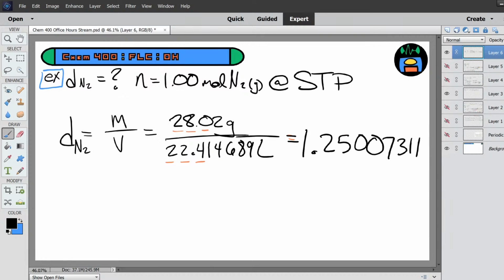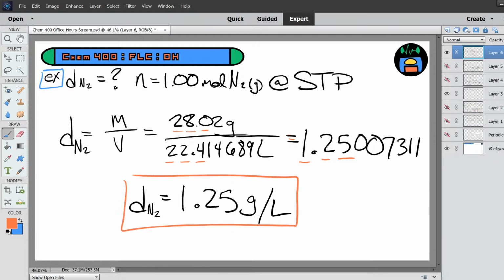We can only keep 3 of our sig figs, so this is going to round to 1.25, and our units are grams per liter, and that is the density of 1 mole of nitrogen gas at standard temperature and pressure.